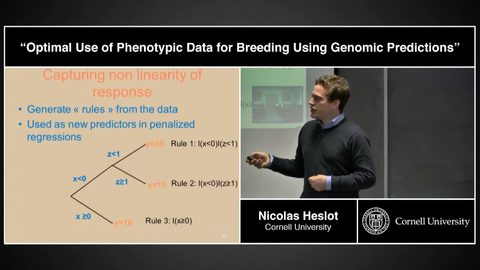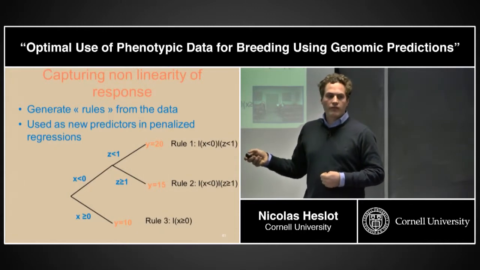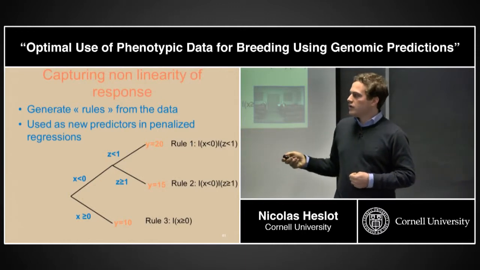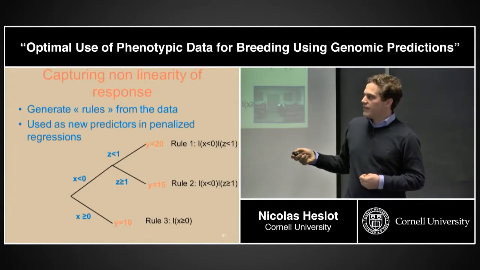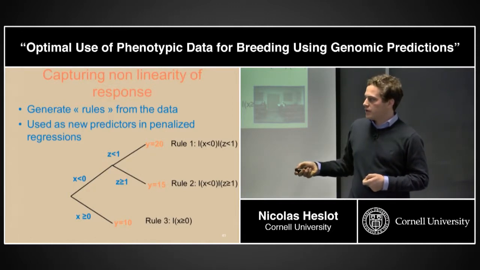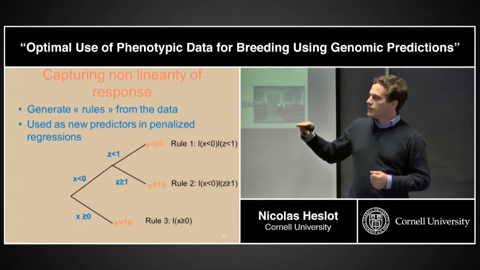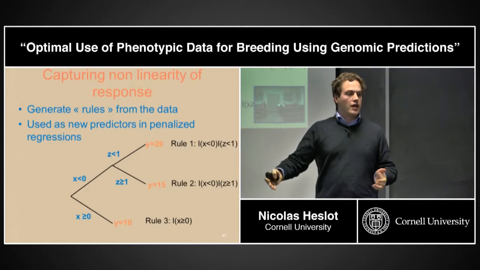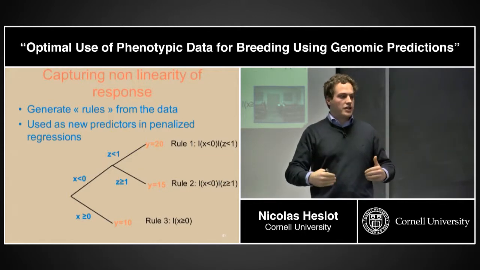So that if you take each leaf of the regression tree, it actually corresponds to a rule, to a partition of the data that says, to belong to this leaf, you have to have x below 0 and z below 1. So that rule will be value 1 if you're there, and value 0 if you're over there. Each of those rules is actually a composite predictor that you can use further in a large penalized regression step.